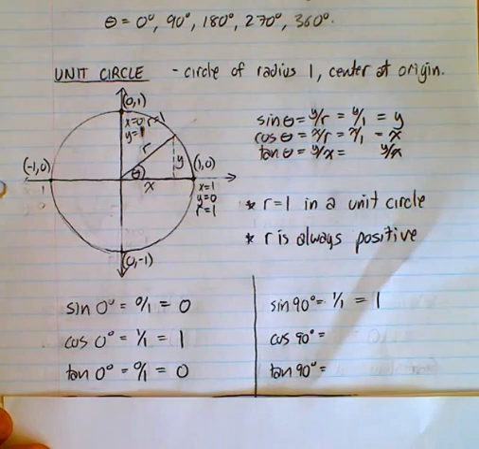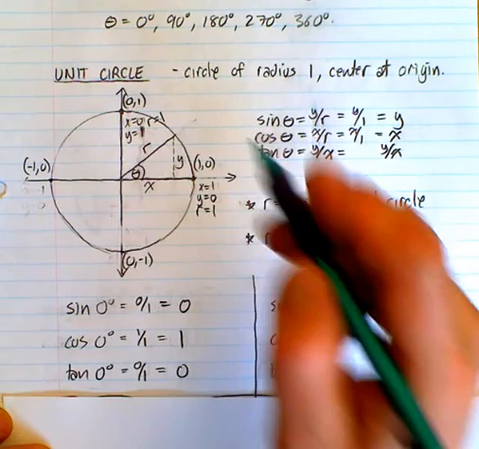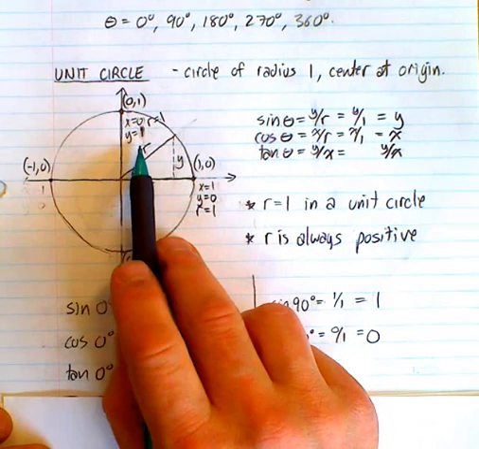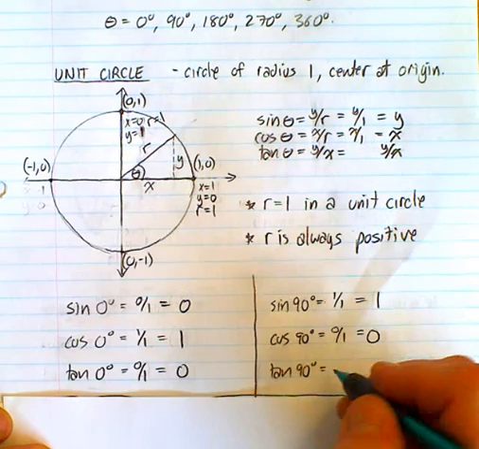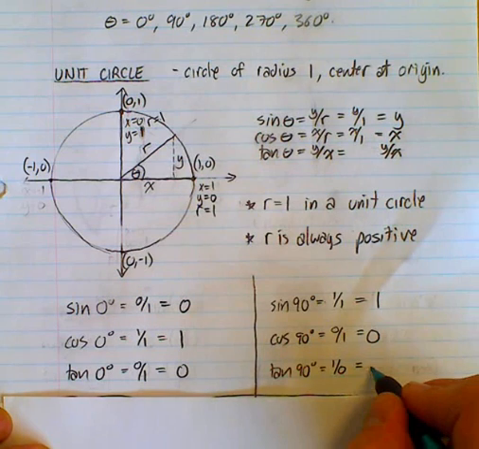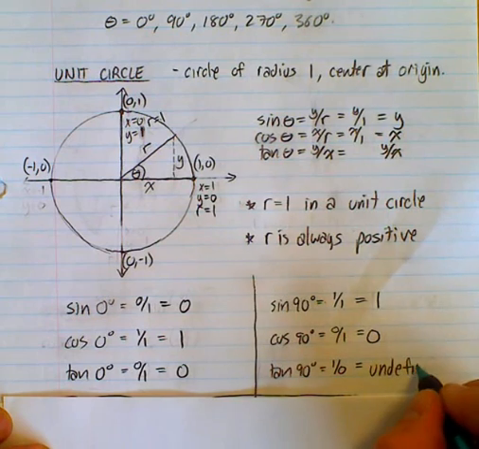And if we look at the cos value, cos is x over r, 0 over 1, which is 0. And tan 90 is y over x. It's 1 over 0. Since we have division by 0, we're not allowed. If you do it in a calculator, you should get an error, but we call it undefined.